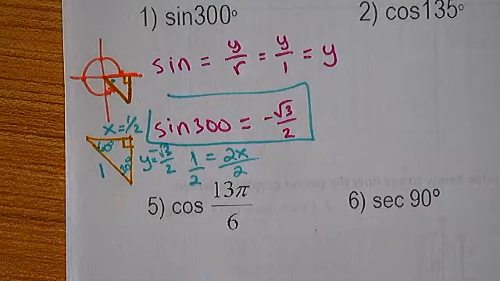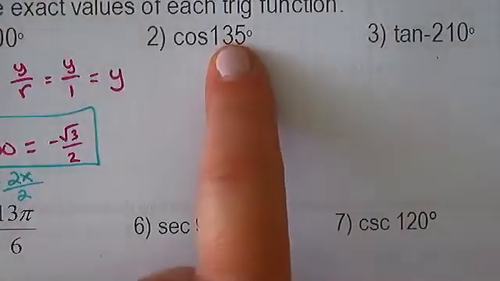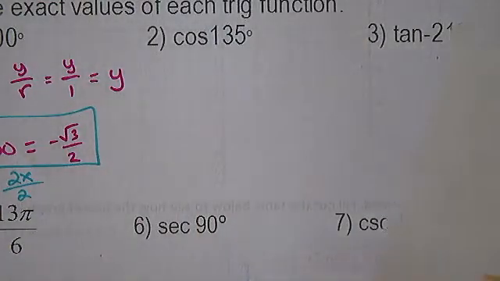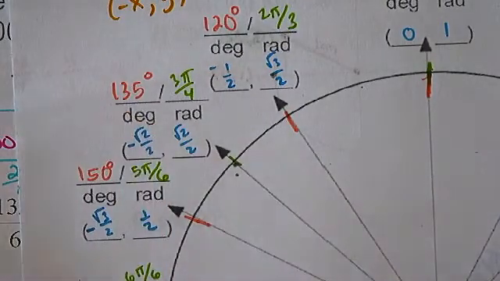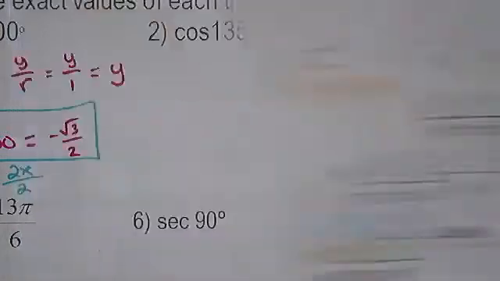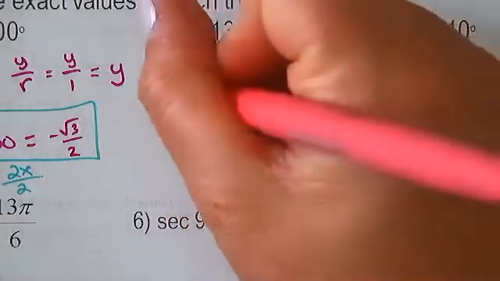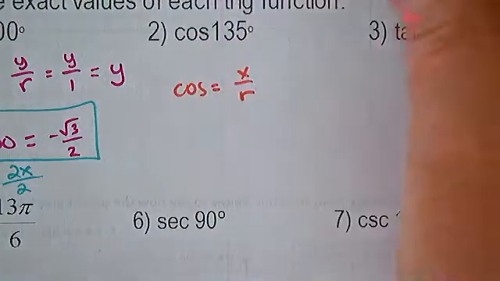All right, so let's try another one. Let's do cosine of 135. So again, it's just so much quicker. I'm gonna grab my unit circle and I'm gonna find 135. Now, what's the ratio for cosine? So cosine is x over r, but in the unit circle, the radius is equal to 1.